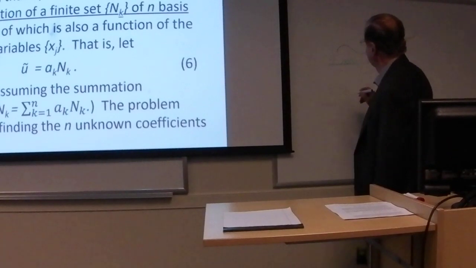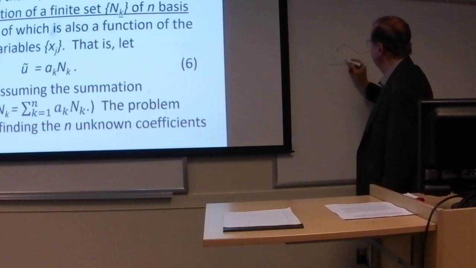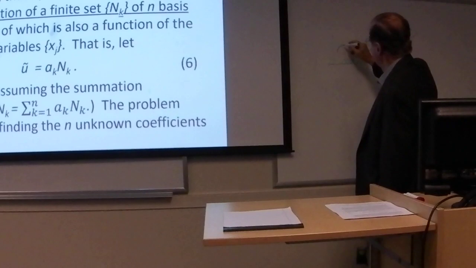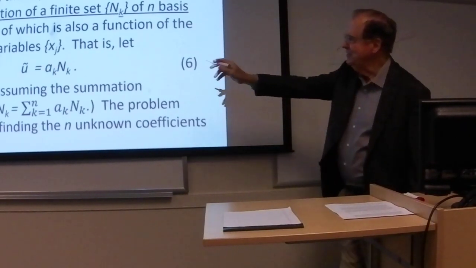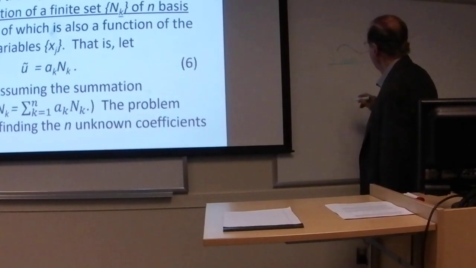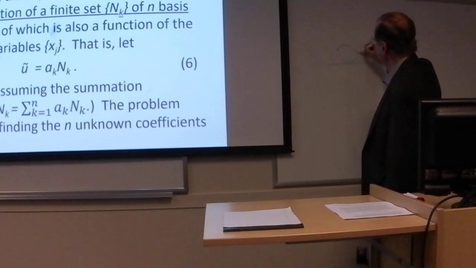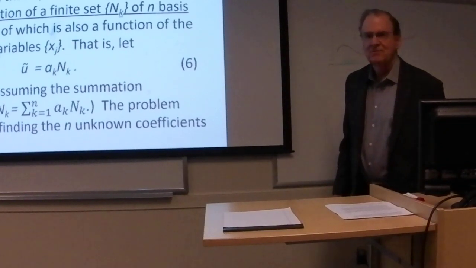So it turns out if you weight each one of these little tent functions or basis functions with the right value, in this case a_k, you will generate a piecewise linear approximation to the function.